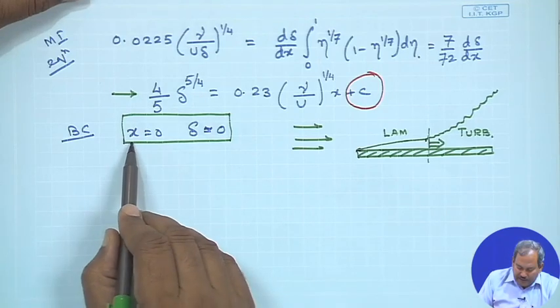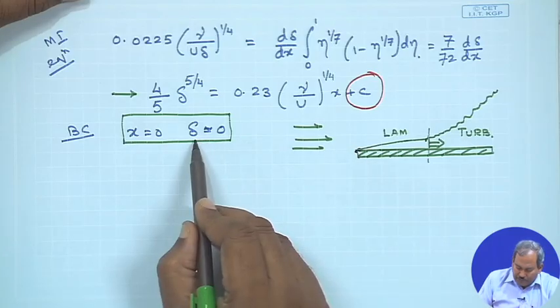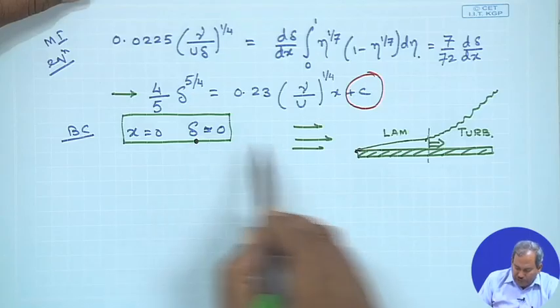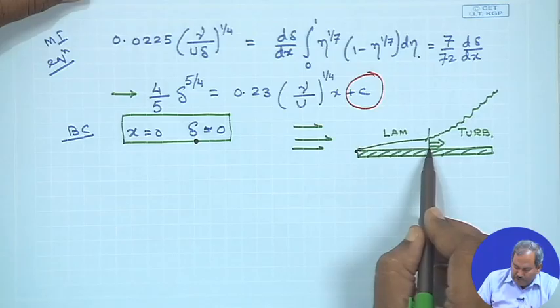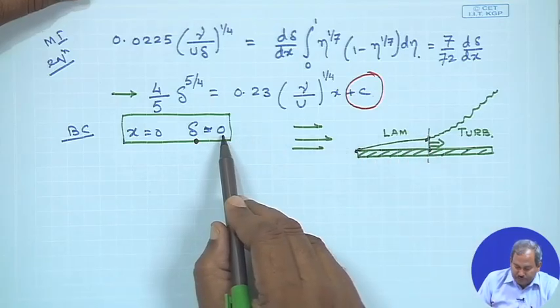That means at the starting point, the thickness of the boundary layer, even for a turbulent flow, is equal to 0, though we know that the turbulent flow starts from this point onwards, where there is a boundary layer thickness, delta, that is not equal to 0.